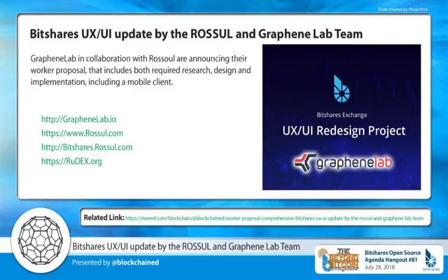And then, once this is done, we're going to have a new version of the Bitshares Exchange user interface, which is going to be much more intuitive, much simplified, much more device-friendly and platform-friendly, and will provide a much better user experience. This is in a nutshell.